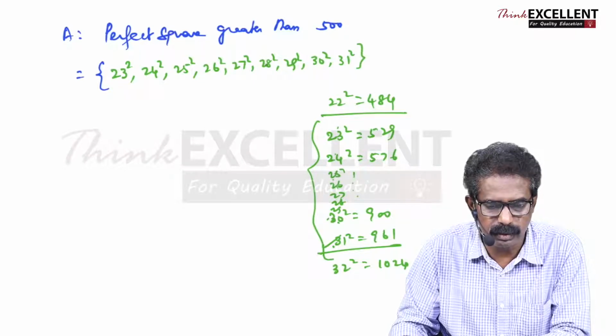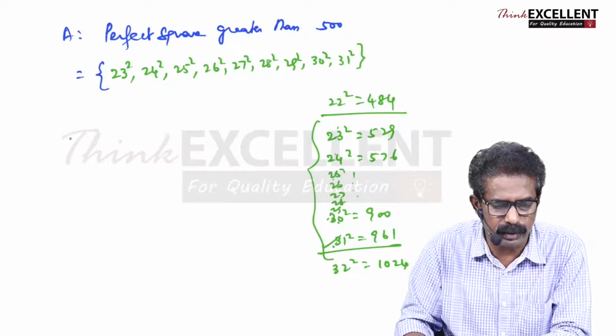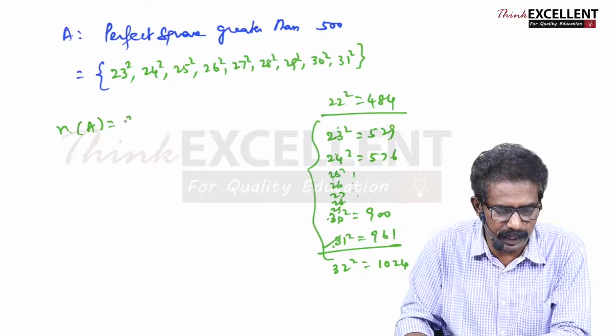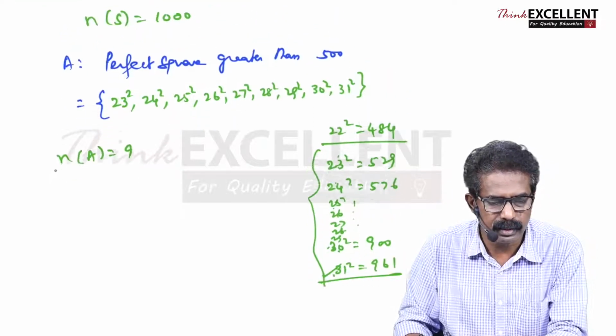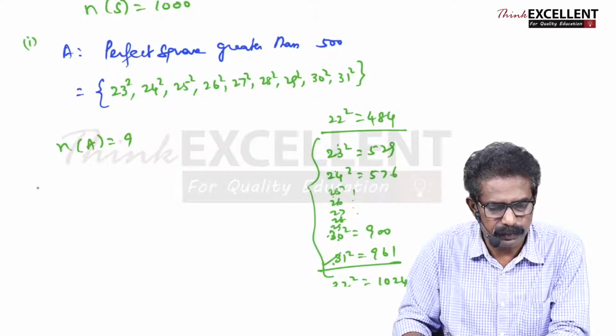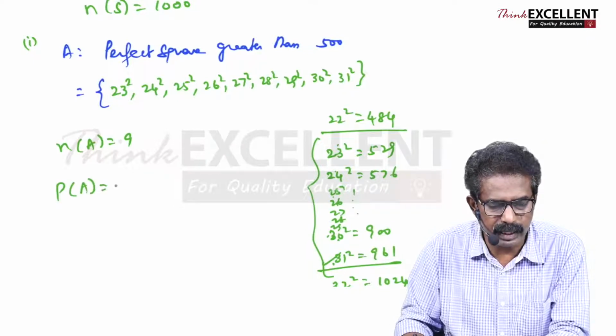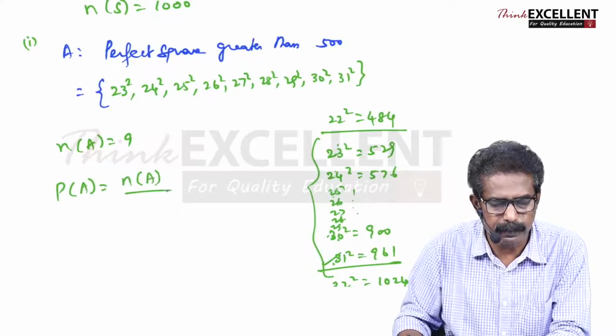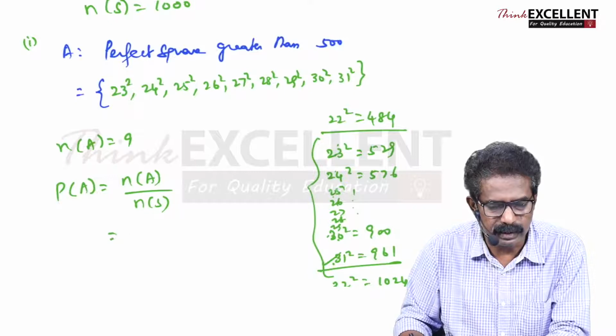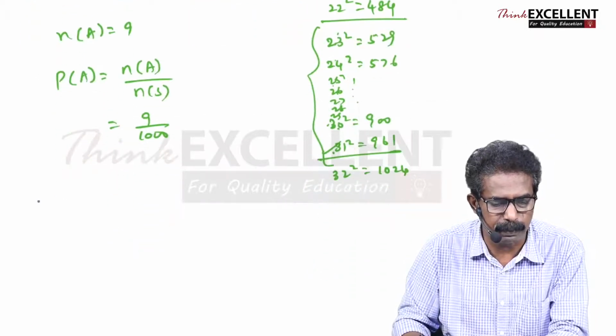So 1, 2, 3, 4, 5, 6, 7, 8, 9. So n of A is equal to 9. In the first case, P of A they asked to find, right? P of A equals n of A by n of S. So your answer is 9 by 1000. You cannot cancel it.